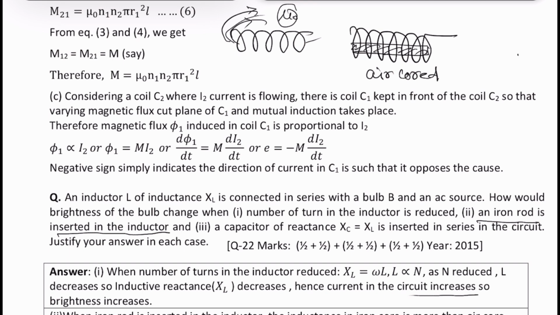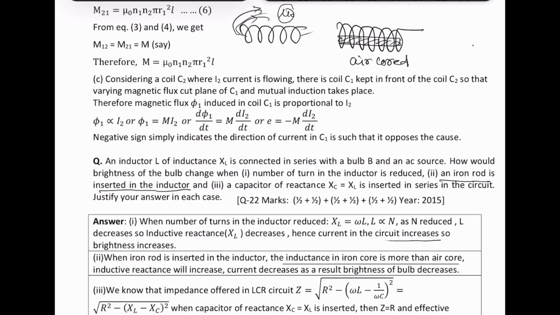So this is exactly what is happening when you are inserting iron. Then what will happen? Inductance of the iron core is more than the air core, correct? Why is inductance more? Because iron is a ferromagnetic material and allows more magnetic lines of force to pass through, correct?